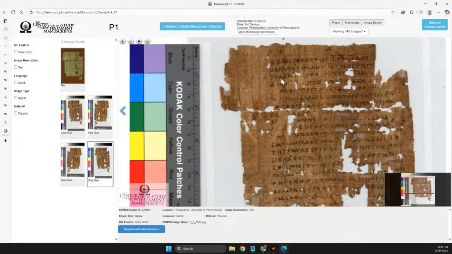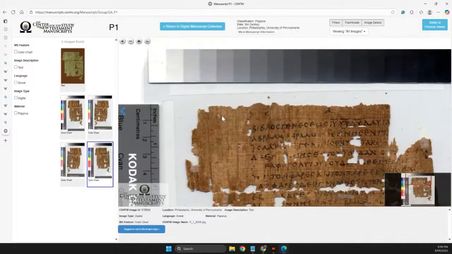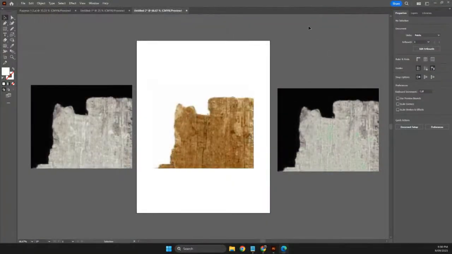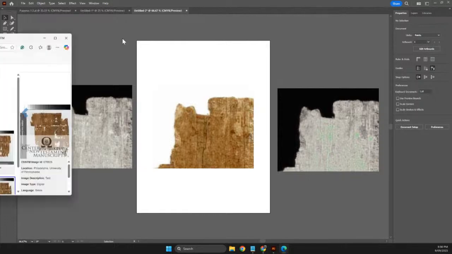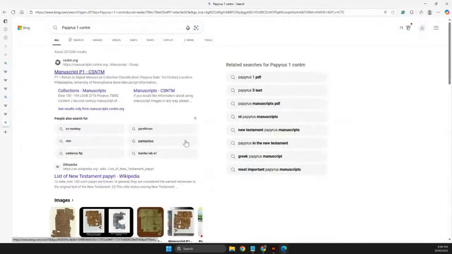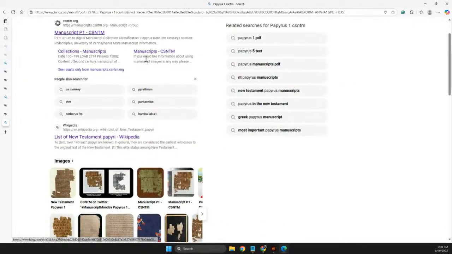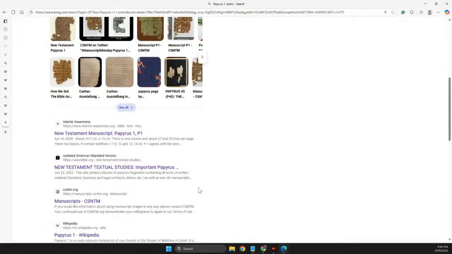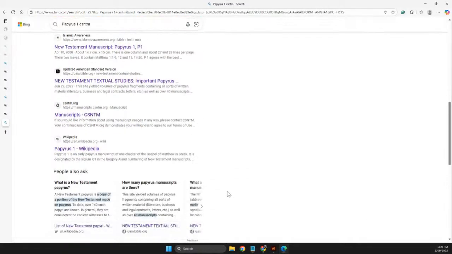I've found higher resolution just surfing around, which is a bit of a shame because CSNTM are known to have high res pictures, and they get donations for that type of thing. And sometimes you look at the resolution and you're left going, oh, that's not really that great.